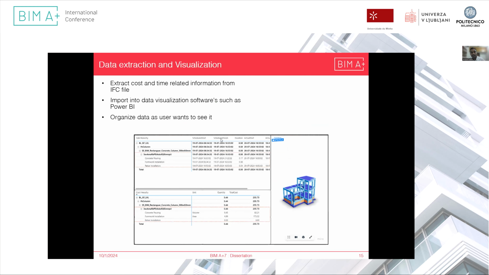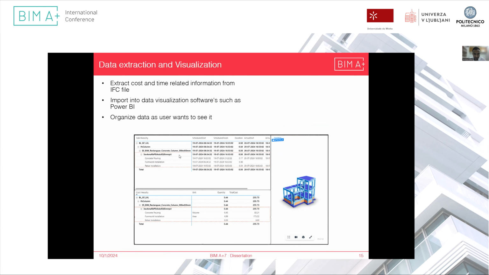After we have the IFC cost item and IFC task inside an IFC file, we can extract the information from the IFC file, and we can visualize that data in data visualization software. Here Power BI was used. Speckle was used to bring the 3D data inside Power BI, and the task hierarchy and the cost hierarchy data are coming directly from the IFC file.